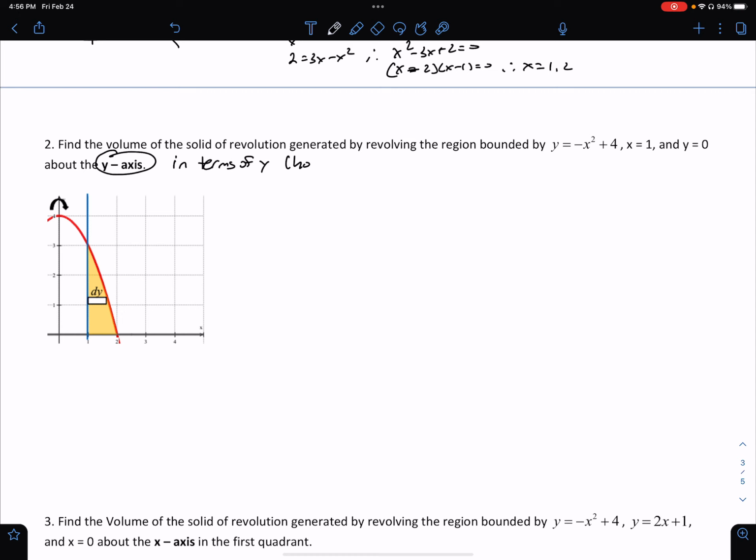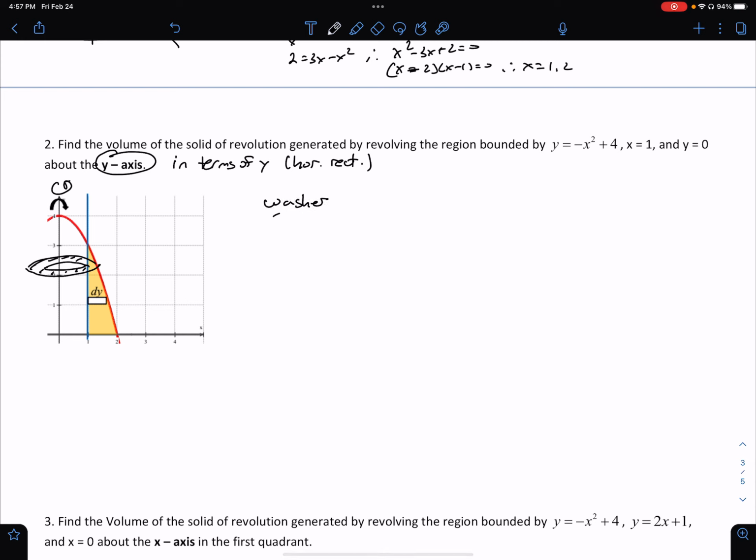And we are going to be using a horizontal rectangle here. So from my axis of revolution, the y-axis, I am going to draw. Now notice, if I were to revolve this, we would get this big area here, and we would get this little tiny one. We're trying to find the volume of this little disc right here, and this is a washer.